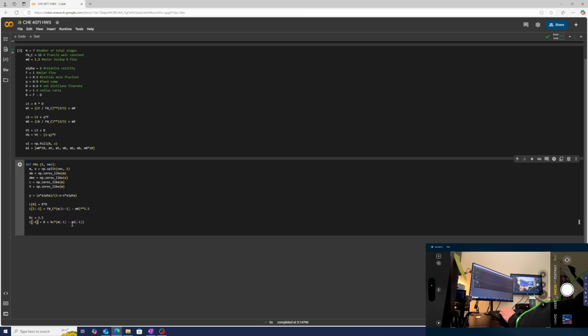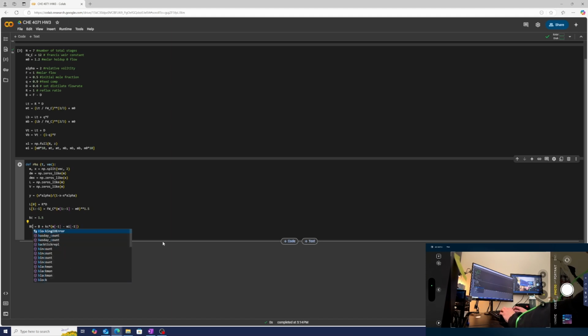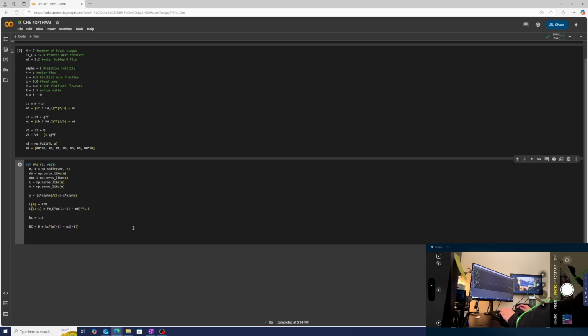One thing we need to do is make an if statement to make sure our flow rate is never negative. So we'll call this our BC for B controller. So if BC is greater than or equal to 0, we want our L minus 1 to be equal to BC.